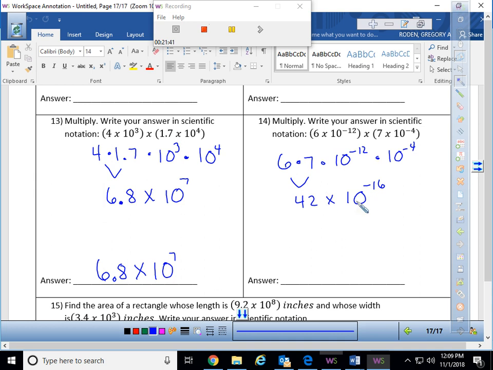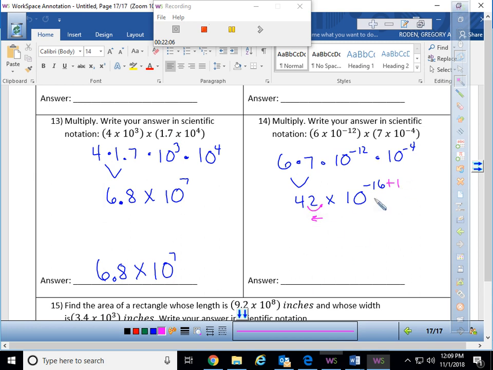And so I have this answer. Now, is it in scientific notation? No, it's not. 42 is not a number between 1 and 10. So I'm going to actually have to scoop-de-loop on this one spot. When I scoop-de-loop one to the left, and I'm in scientific notation, I have to add one positive here. One scoop-de-loop to the left equals a positive 1 on the exponent.